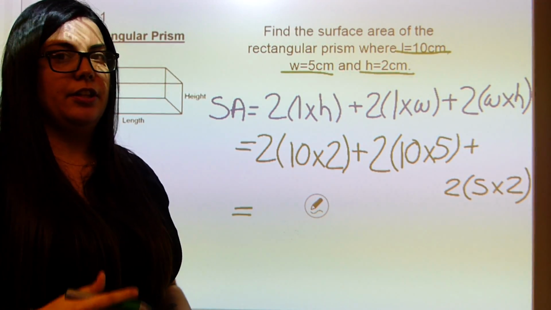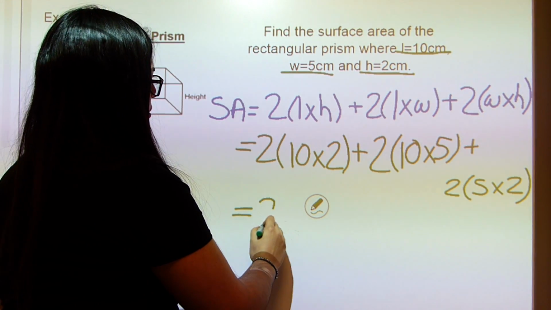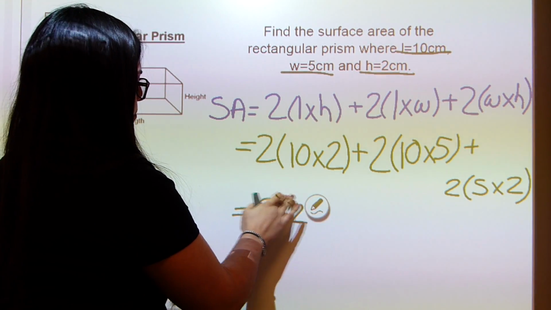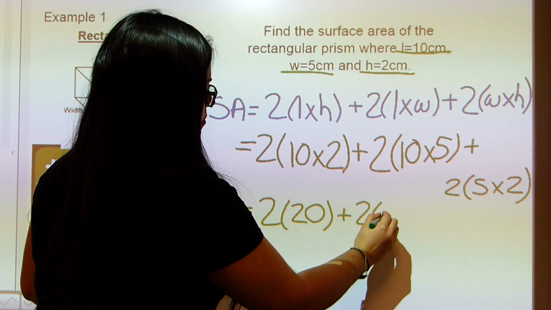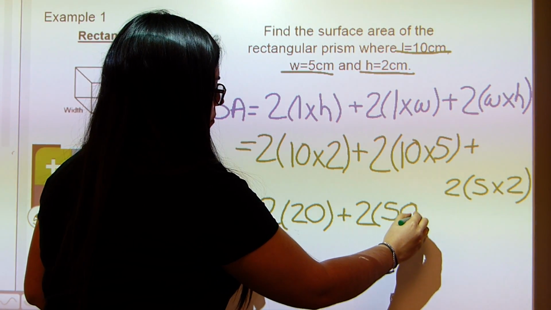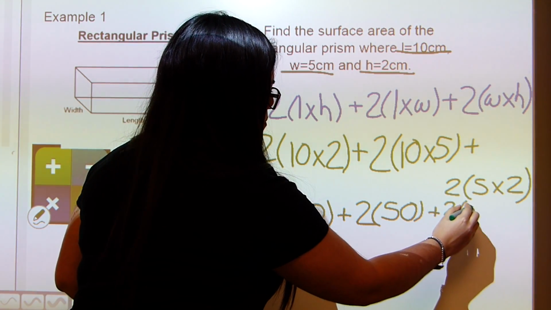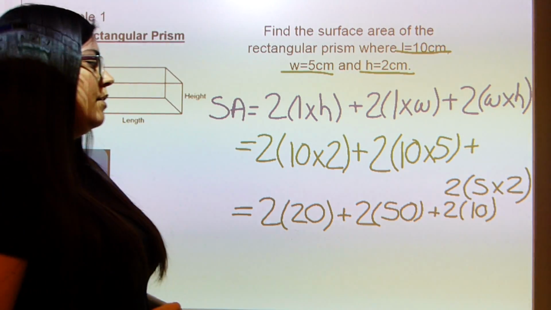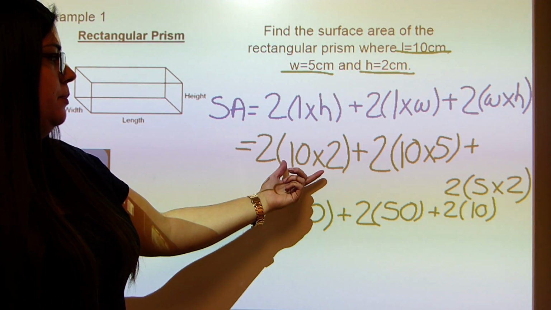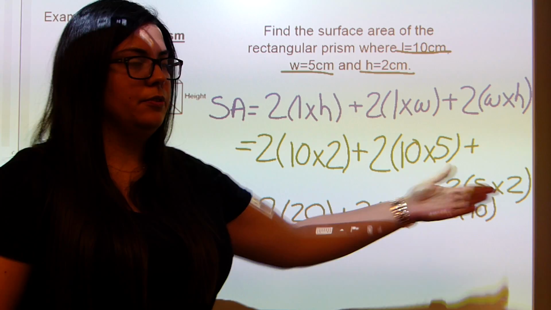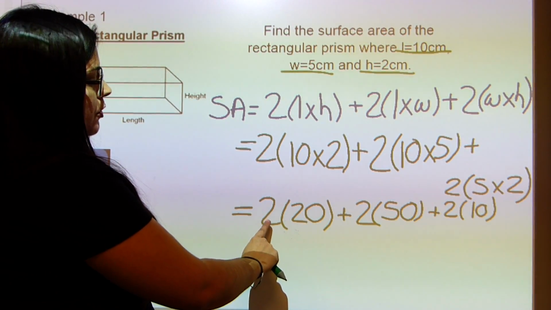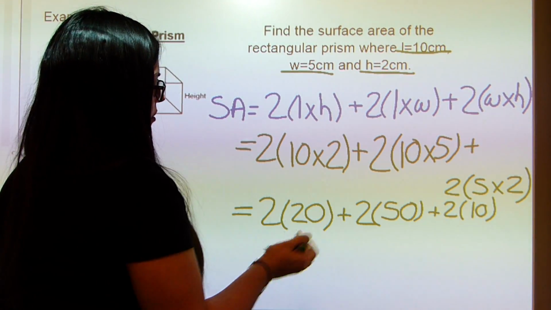So, BEDMAS, let's do the brackets first. Okay, so 20 comes from 10 times 2, 50, 10 times 5, and 10, 5 times 2. Okay, so now we're just going to multiply each bracket by 2.